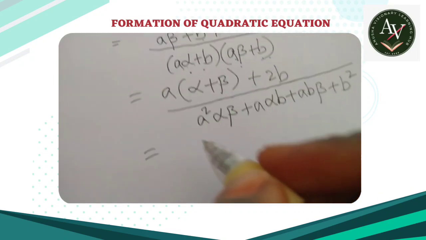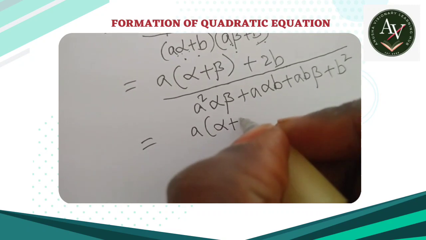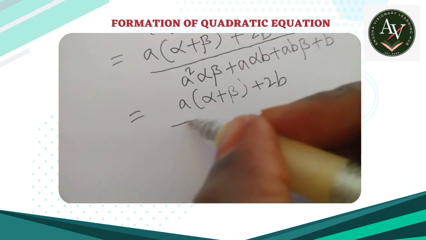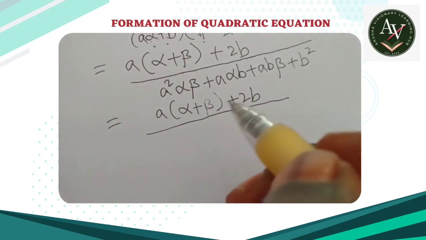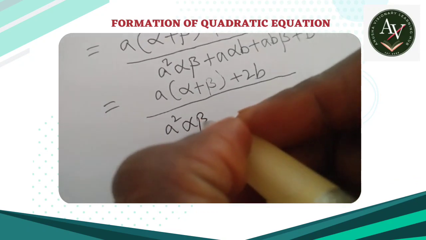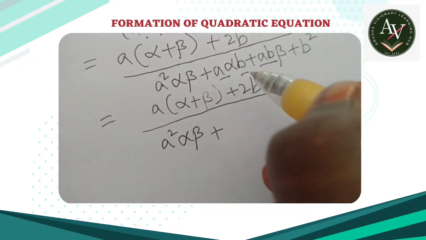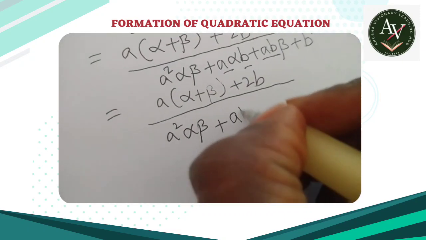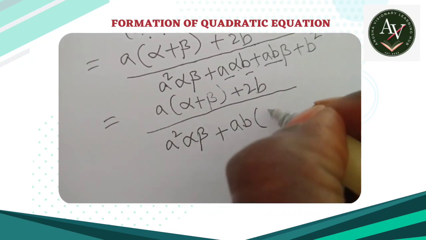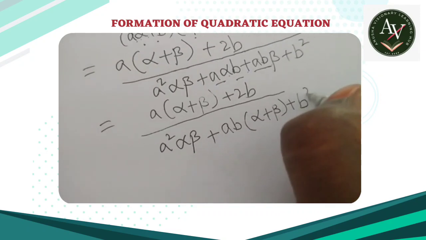Okay, now just write numerator as it is, a into (alpha plus beta) plus 2b, whole divided by a square alpha beta, plus, if you take ab as common, what is left over? Alpha plus beta, plus b square.